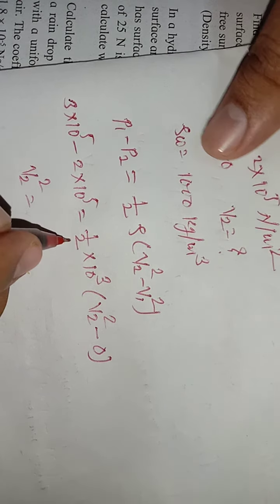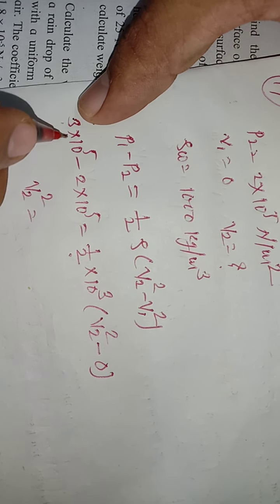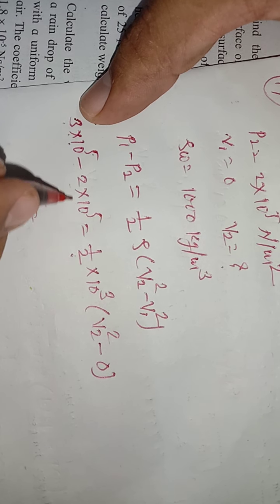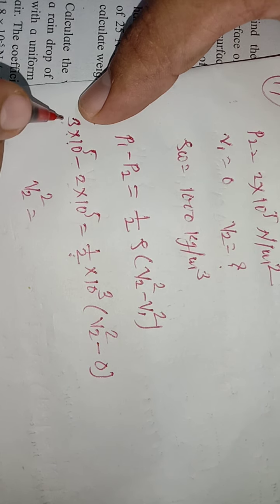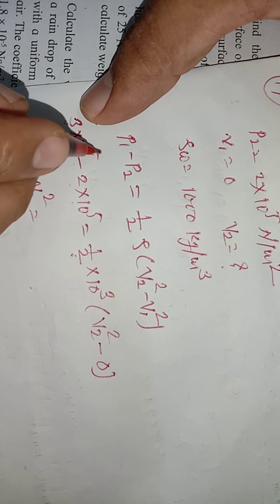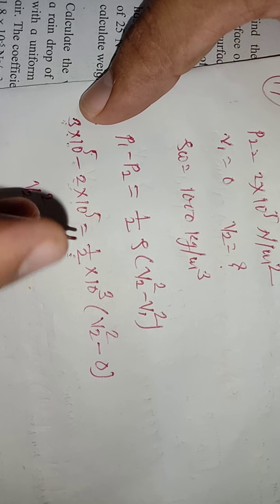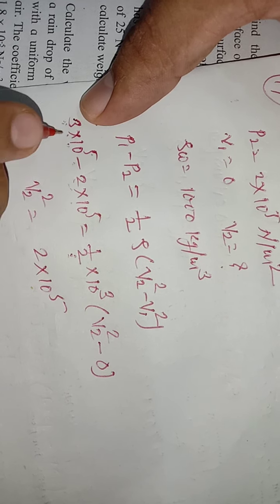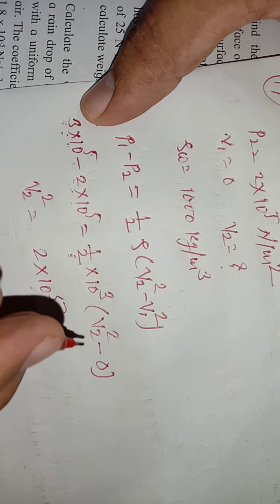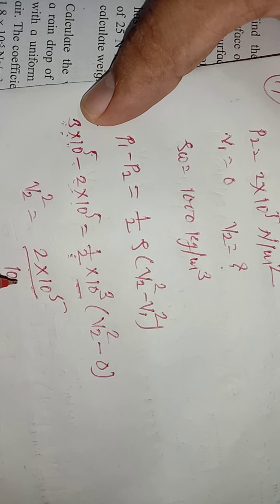This 2 goes here. 2 into 3 means 6 into 10 raised to 5, minus 2 into 2, 4 into 10 raised to 5. That is equal to 2 into 10 raised to 5, since 6 minus 4 is 2, divided by 10 raised to 3.